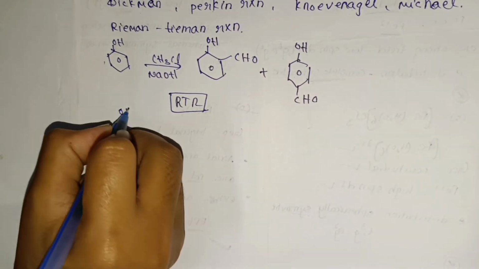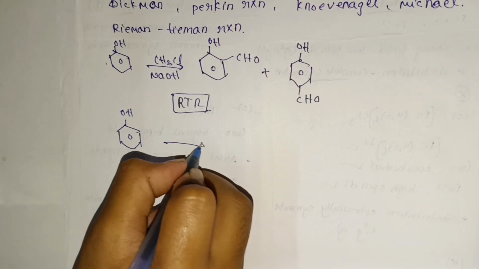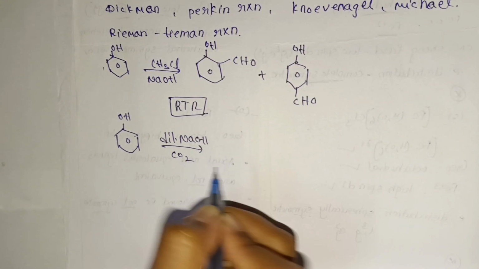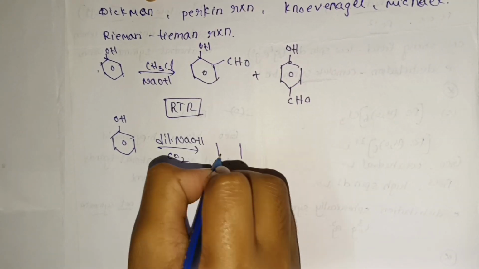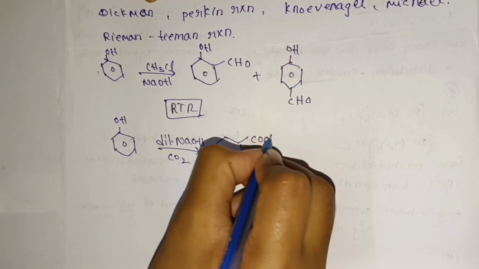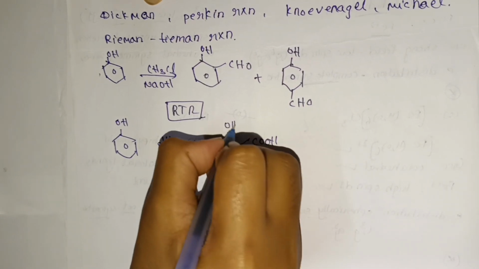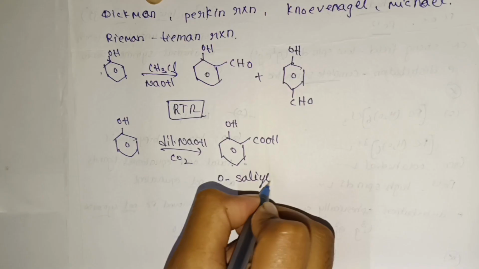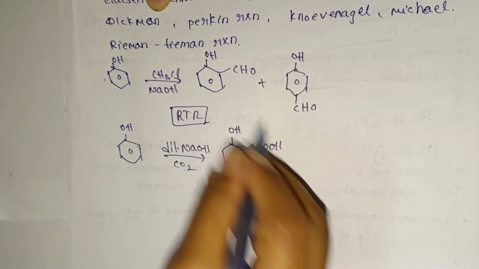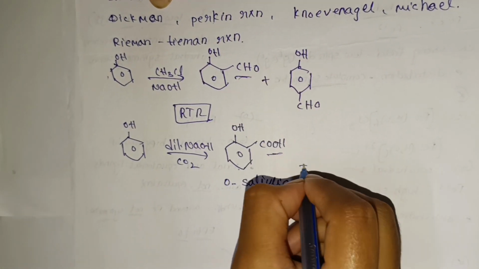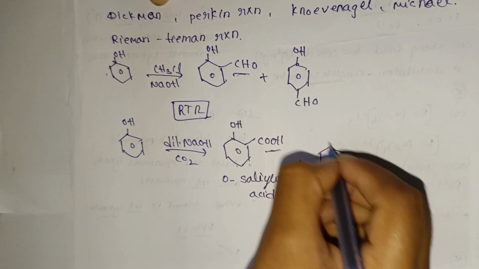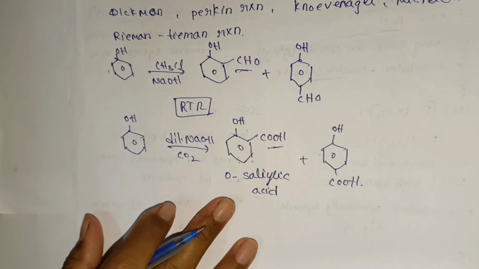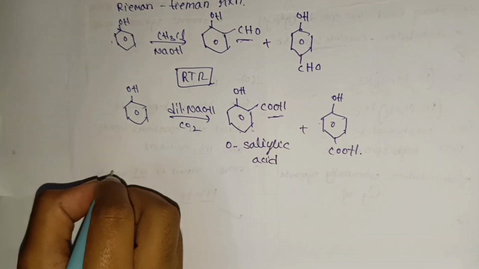Next, phenol reacts with dilute NaOH and CO2. It forms a carboxylic acid, that is ortho-salicylic acid. This is the aldehyde, this is the acid. Next, this is para.